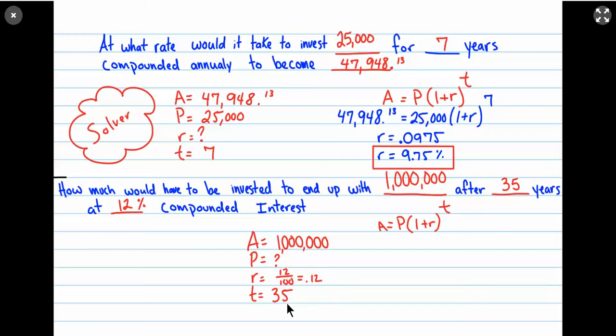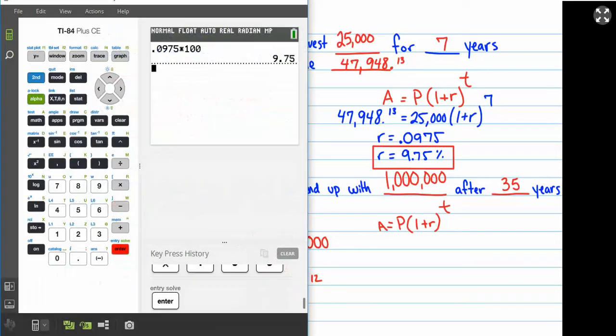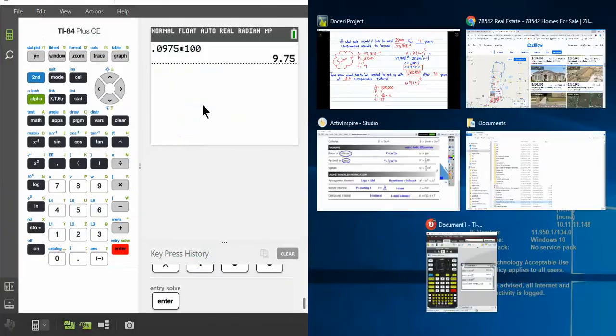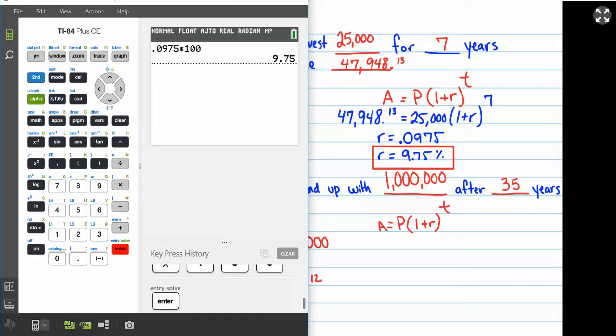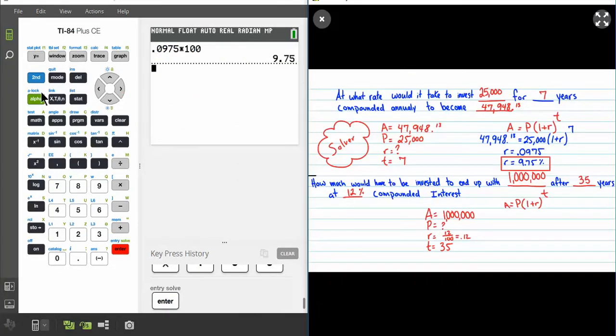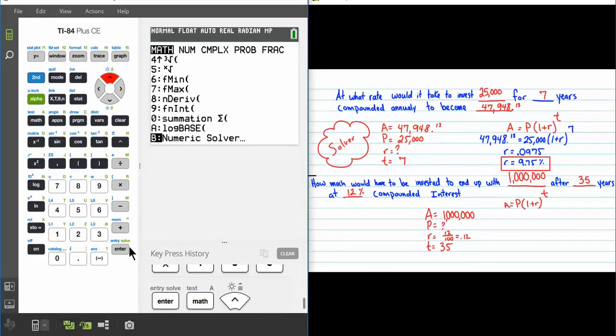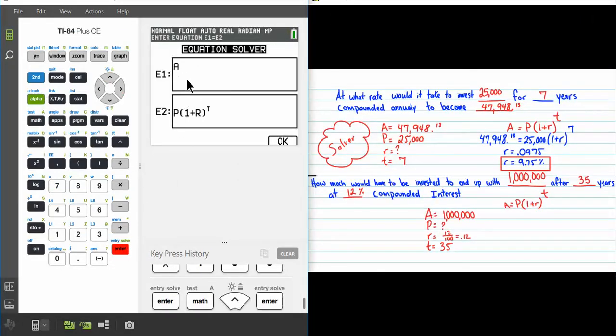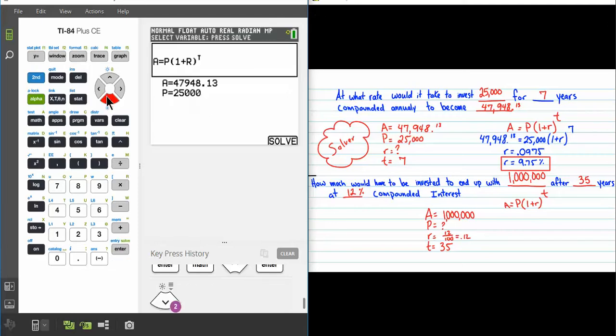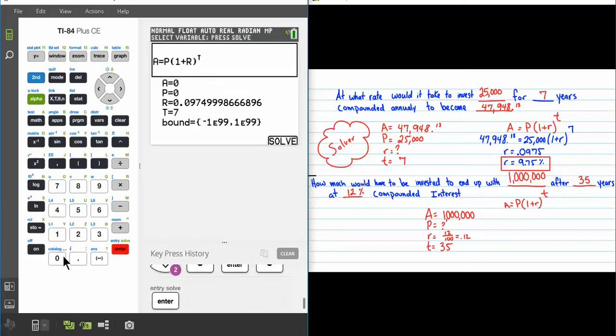So let's go ahead and figure that out. I got all this set up here. Let's go ahead and put this on solver to figure out what P is. What is my starting amount of money? So let's go ahead and take this to math solver. And notice the formula is going to be the same formula. A equals P parentheses 1 plus R, to the power of T. And I'll go ahead and zero all of this out since I have new information now.